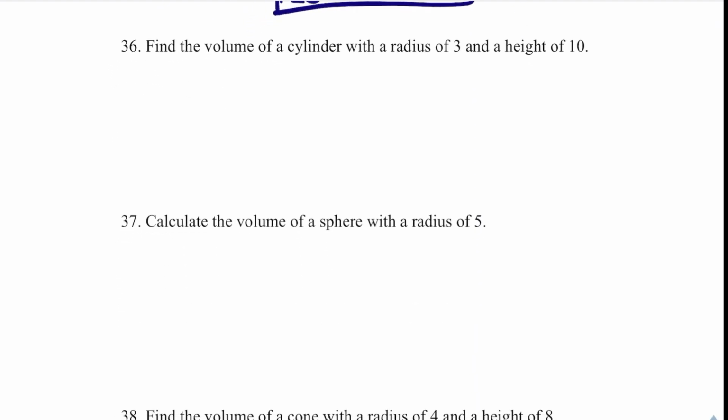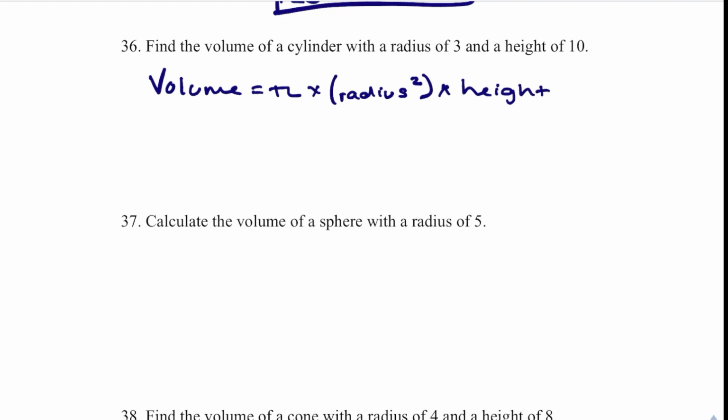(36) Find the volume of a cylinder with the radius of 3 and the height of 10. So our equation is going to be volume equals pi times radius squared times height. So we're going to have pi times 3 squared times 10.